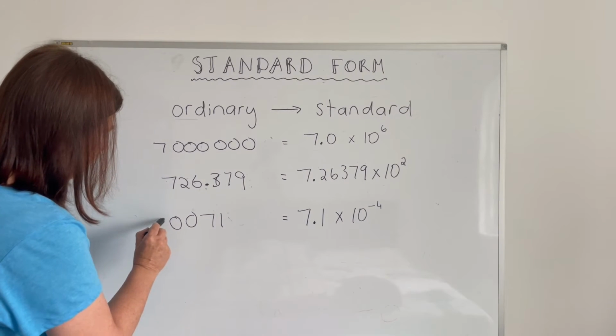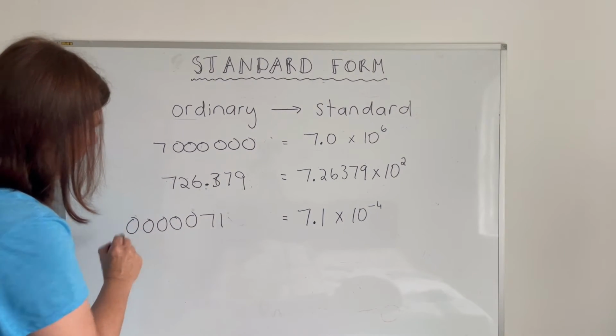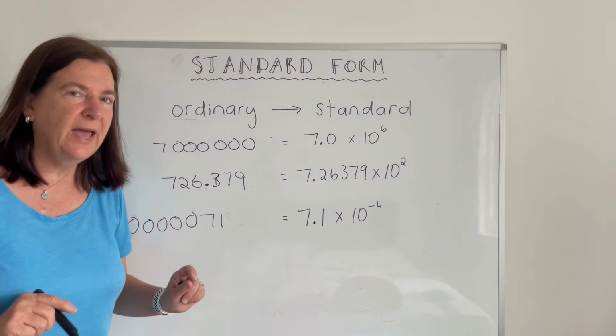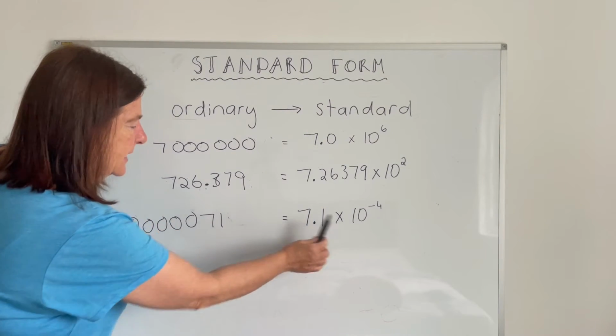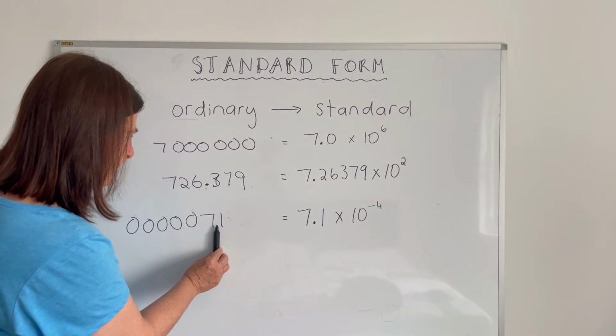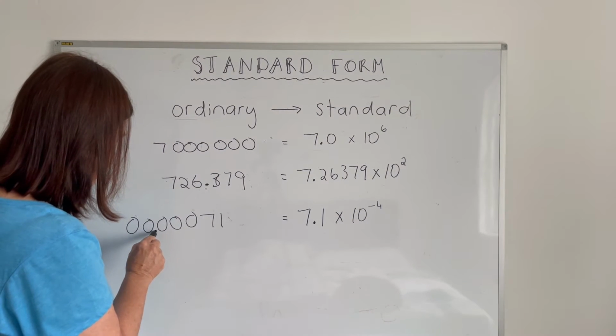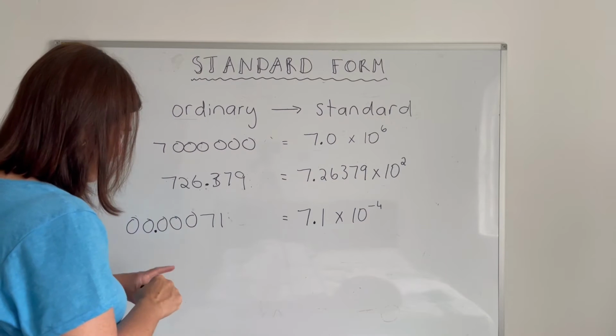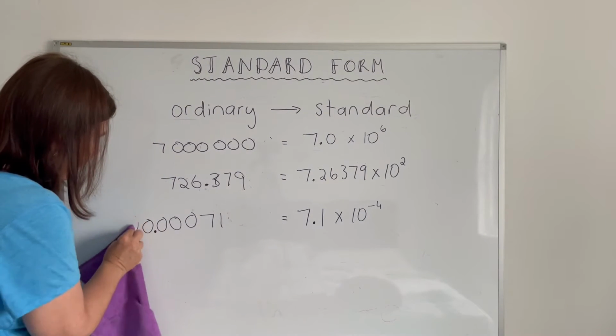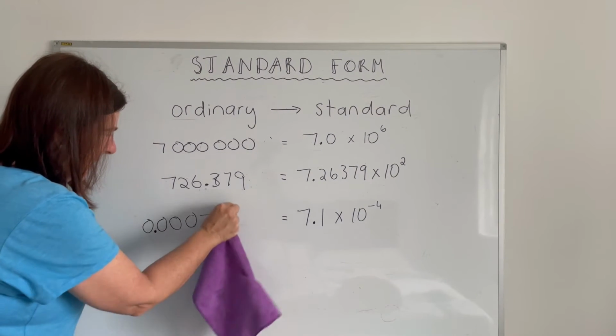Now I don't always know immediately how many zeros that is, so I put an extra bit of padding and now I move it. So to 10 to the -4, it's initially here. So it's going to be 1, 2, 3, 4. So it's actually going to be there. So I don't need this 0 here, so I get rid of that, and I just neaten that up a little bit.